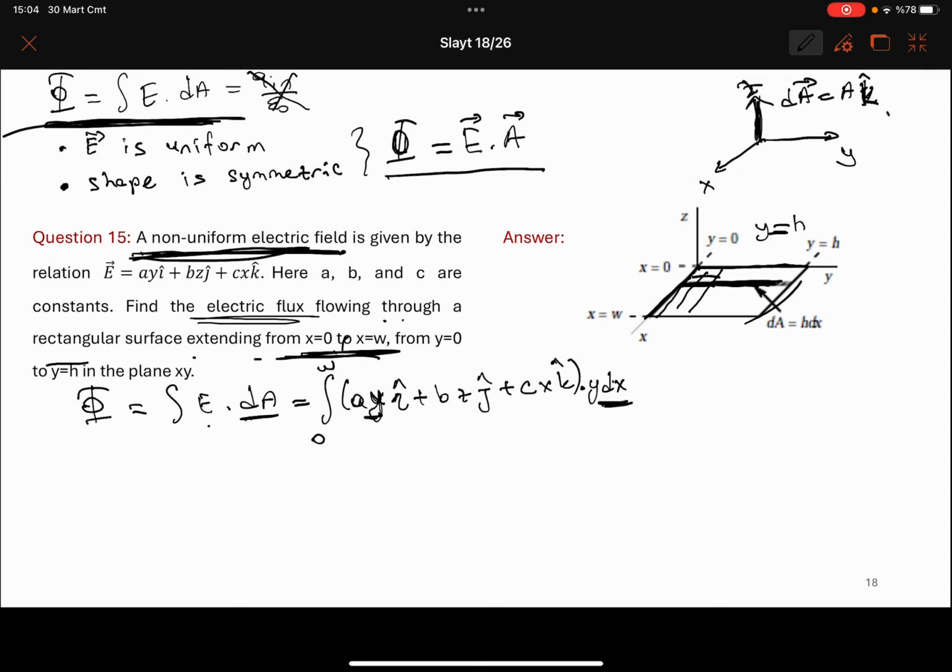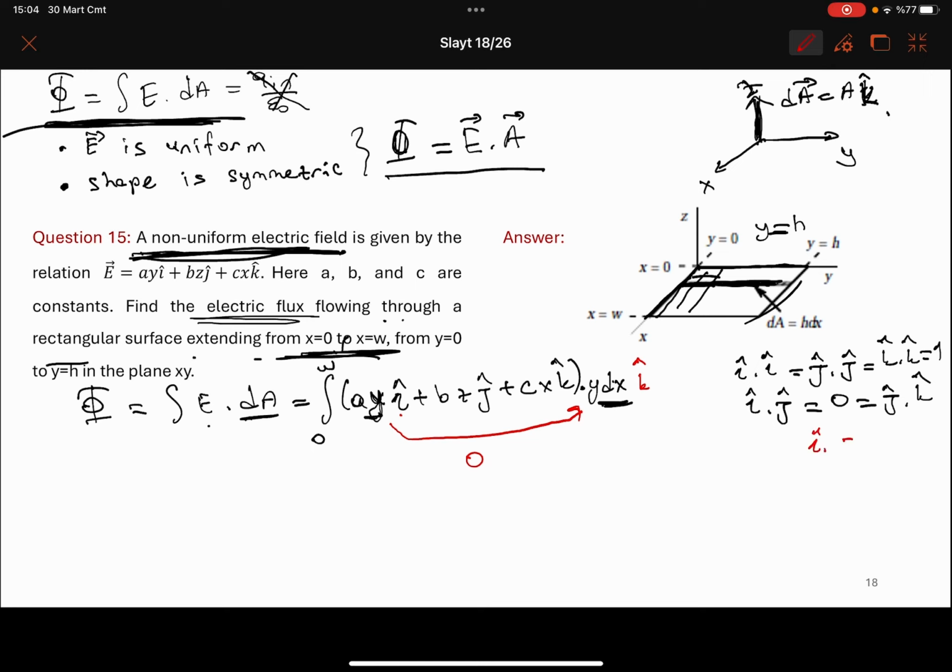You put this part. Don't forget, when we take the scalar product, i multiplied by i, or j by j, or k by k, it gives 1. But if you multiply with a different unit vector, it gives 0. So when you multiply the i term with k, of course it gives 0, because i multiplied by k gives 0.